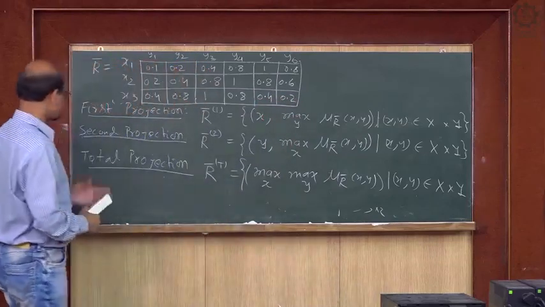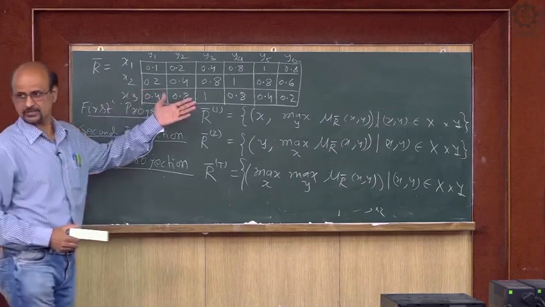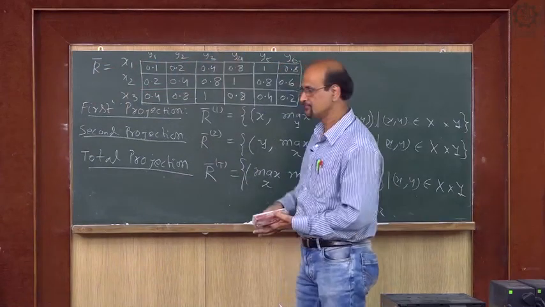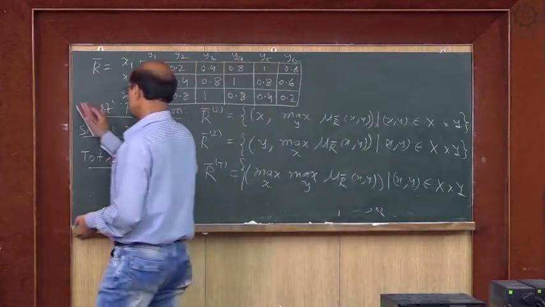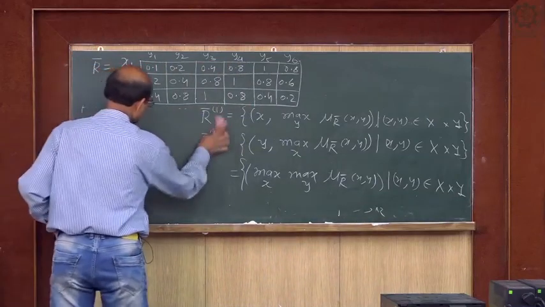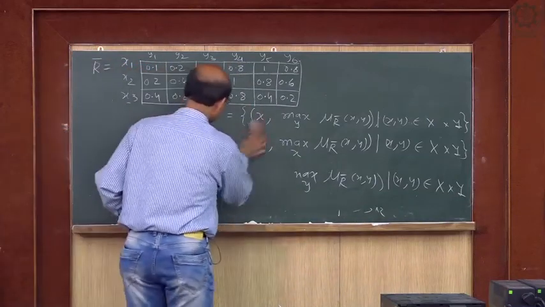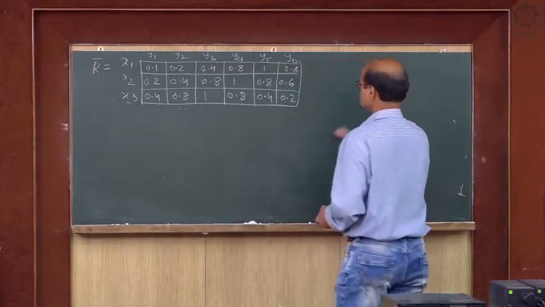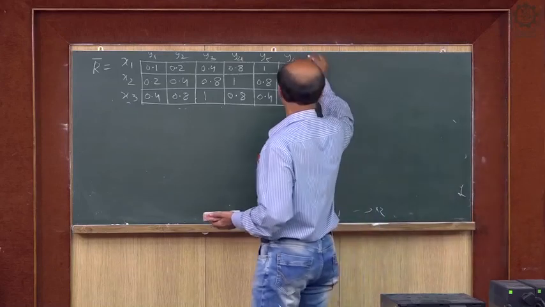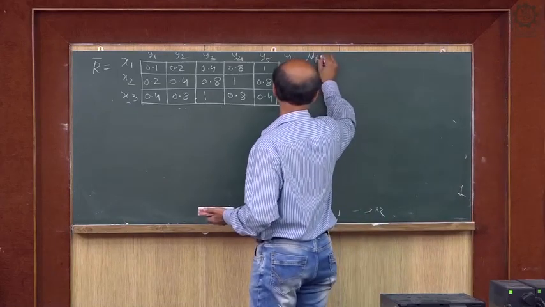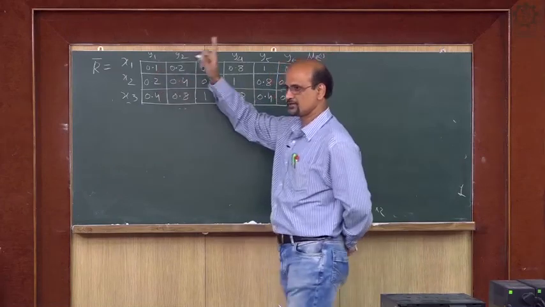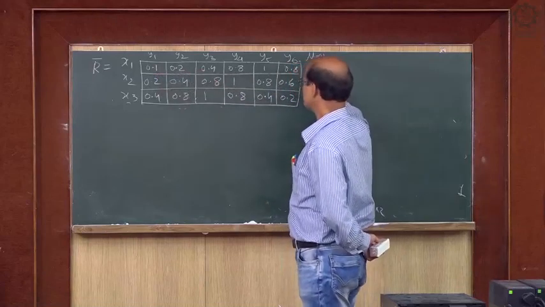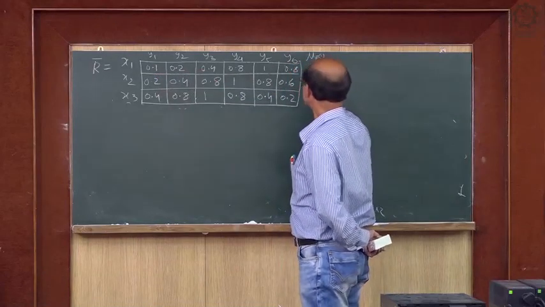Now, let us find the projections for this relation, which is from product space X to Y. You remember these definitions. For the first projection, we denoted by R1. Here I will write the membership function for R bar 1. It was x, maximum over y. That means, what will be here? 1.